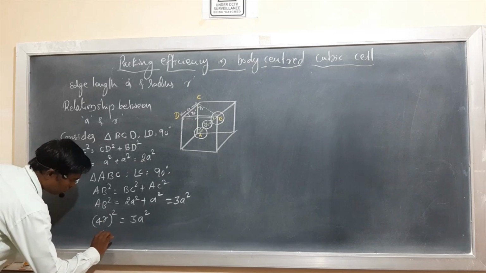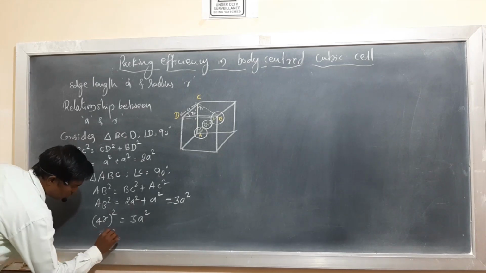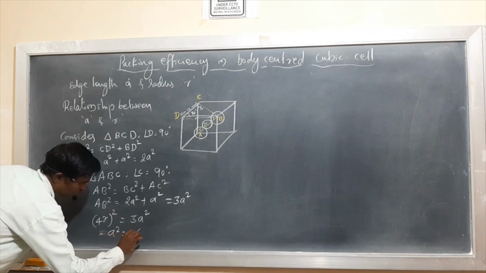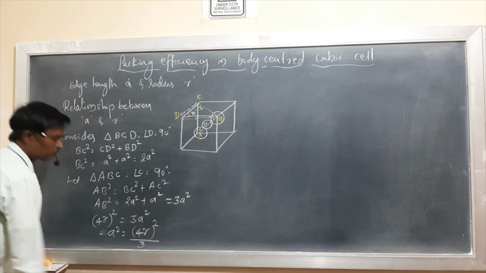Therefore, A square is equal to 4R whole square divided by 3.